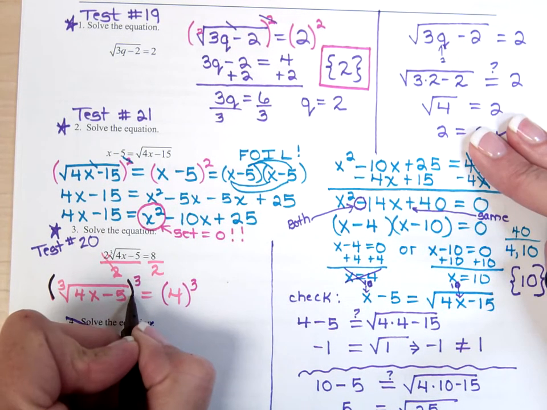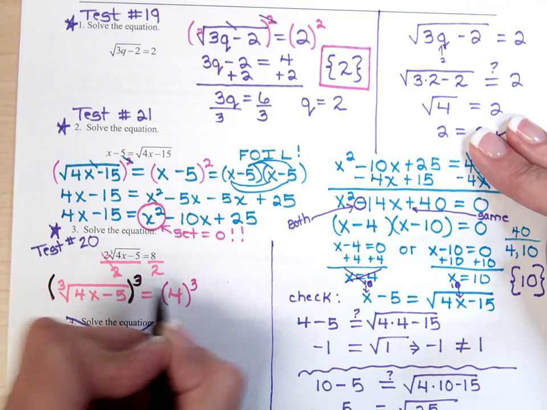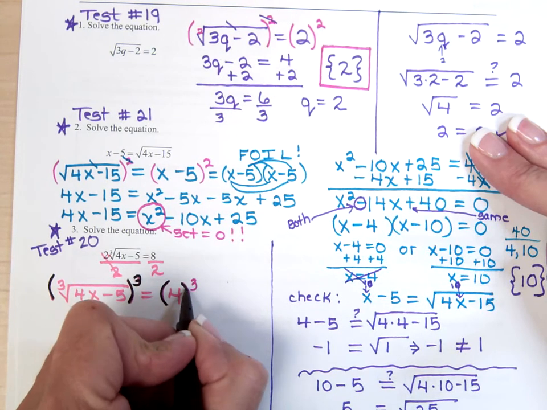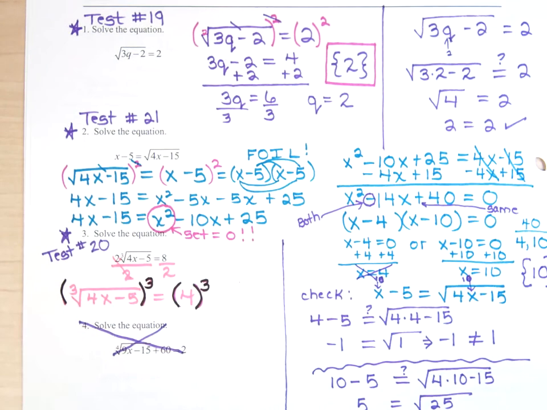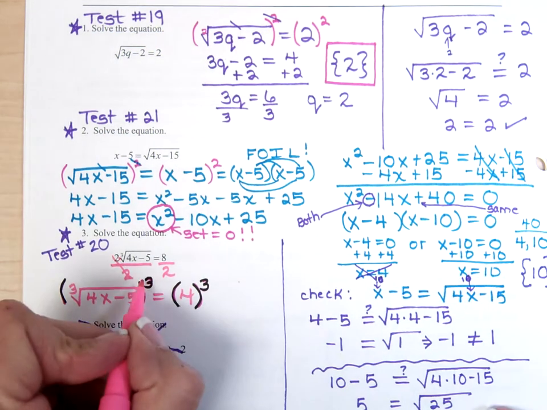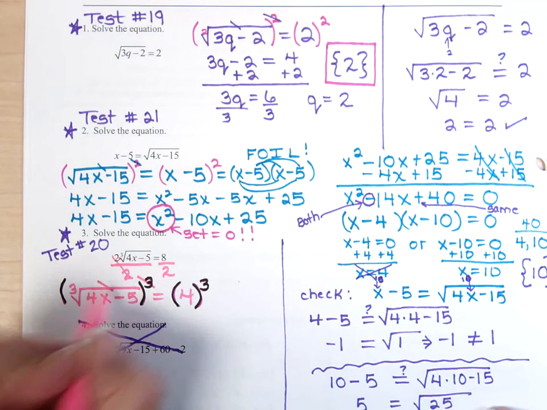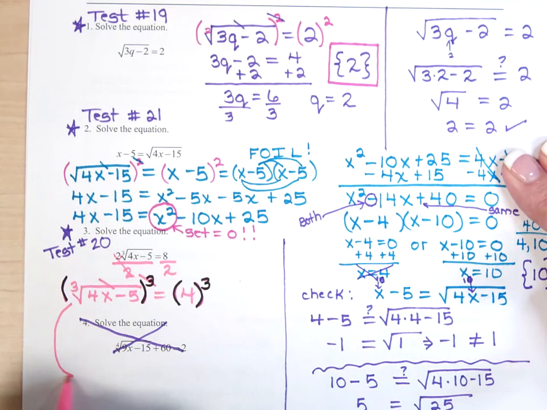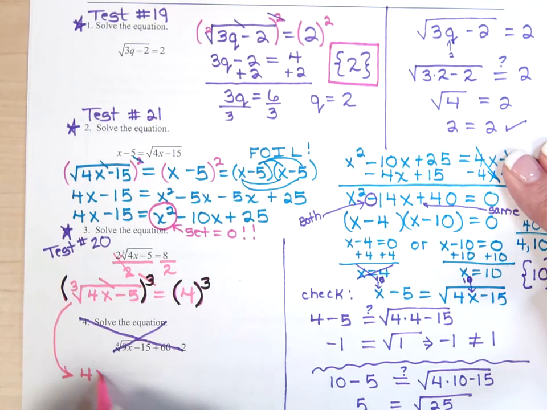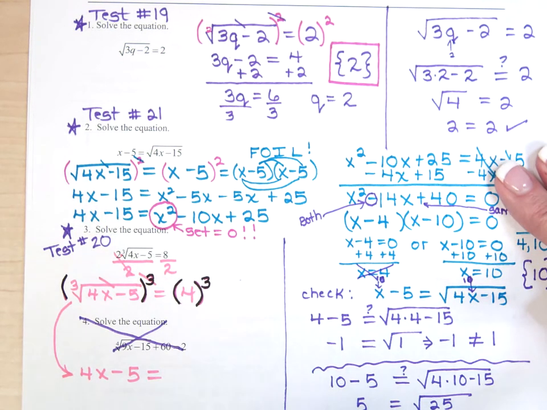To undo a cube root, we cube both sides. The cube and the cube root undo each other, so that 4x minus 5 just pops out of the radical. On the other side, we get 4 times 4 is 16 times 4 is 64.